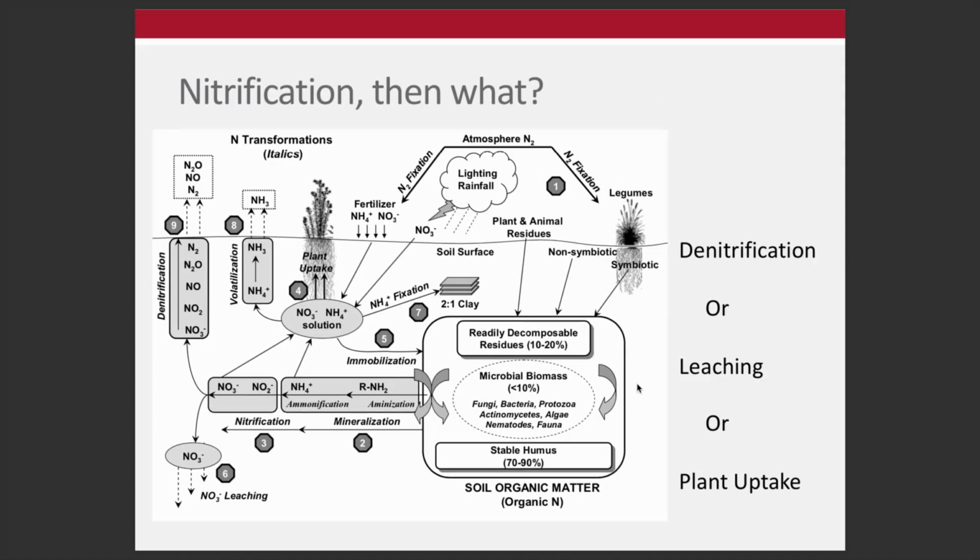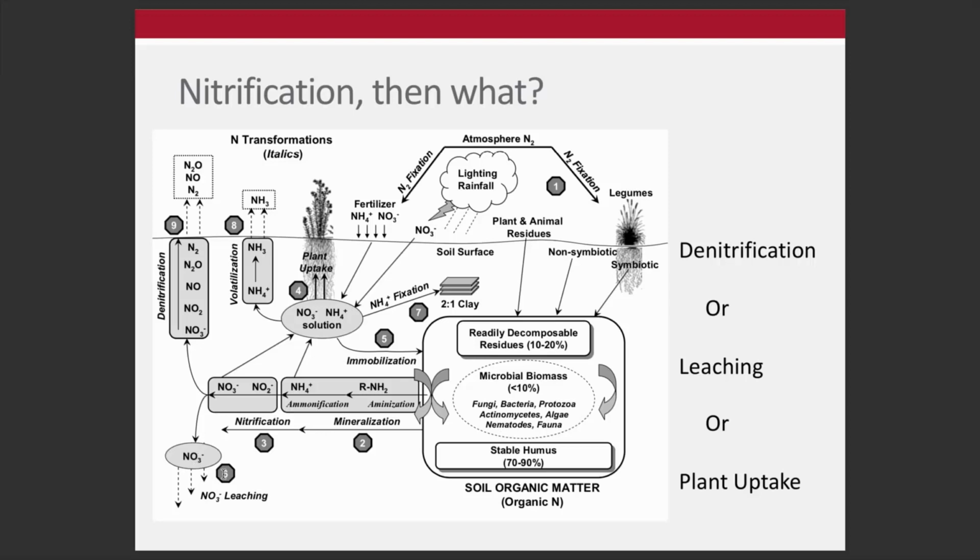Okay, so after nitrification, then what? Well, nitrate, again, is this anion, and it has a number of potential fates. It can go into soil solution and be taken up by plants. It can be lost in gaseous form via denitrification, and it can be lost through leaching.